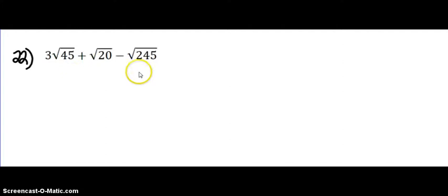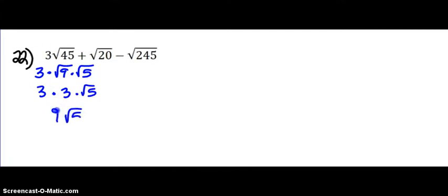Our goal for this one is the same as it was in the previous slide. I'm going to simplify this root 45. So this term will simplify to 9 root 5. Root 20. Find that biggest perfect square factor. So root 20 would simplify to 2 root 5.